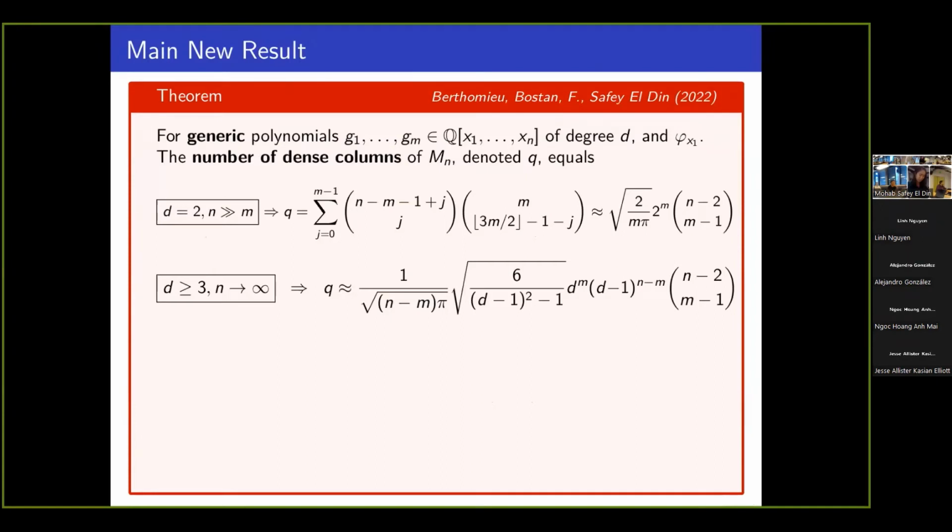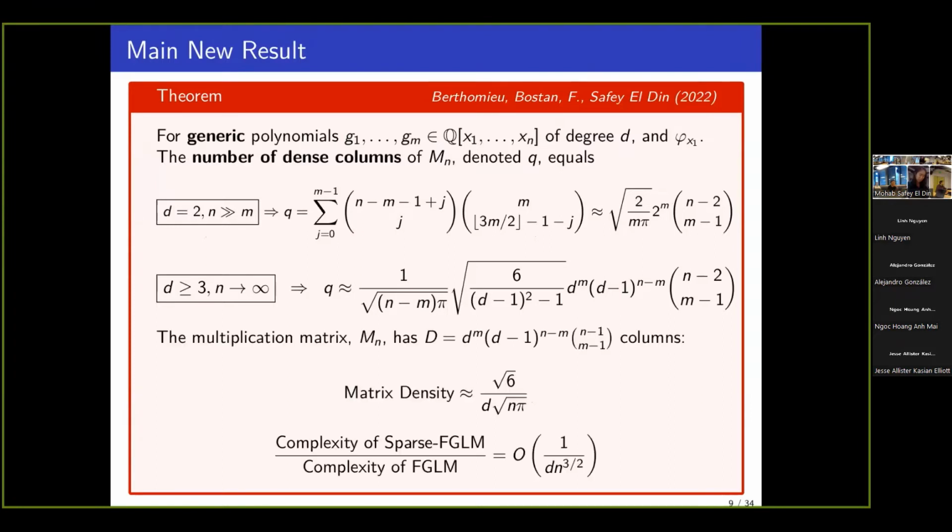In the case where the degree of the polynomials is 2, we get an exact formula for this number of dense columns, and otherwise we get an asymptotic formula as the number of variables tends to infinity. Using this formula, we get an approximation of the matrix density, which in turn gives us the complexity improvement of sparse FGLM over FGLM in the critical point setting, which we find to be in the order of 1 over d times n to the 3 over 2.